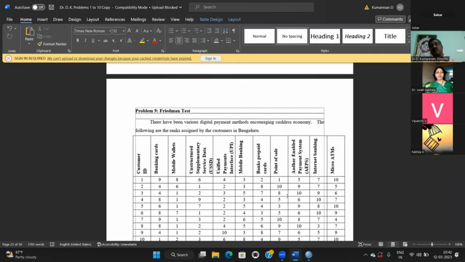In the case of ANOVA, one-way ANOVA, number of samples, more than 2. For two-way ANOVA also, number of samples, more than 2. Here what we understand, if the number of samples is 1 or 2, we have to select t-test.